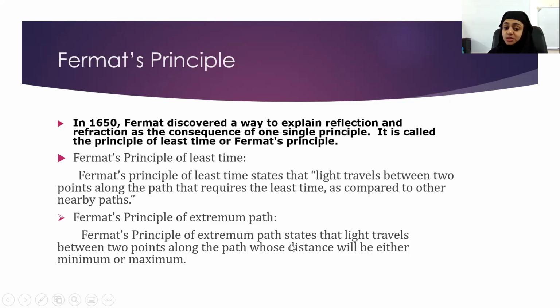Fermat's principle of extreme path states that light travels between 2 points along the path whose distance will be either minimum or maximum. So here the distance traveled by light should be constant. So you will show that mathematically by dl by dx is equal to 0, where L is the distance traveled. Now we will do that mathematically tomorrow because there is no time.